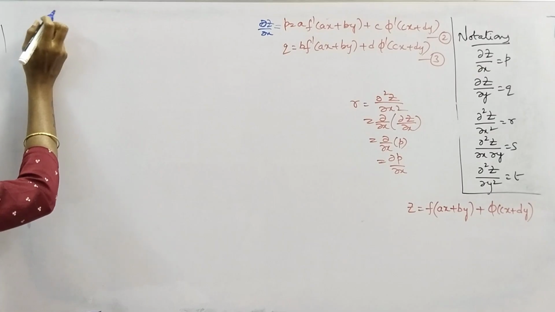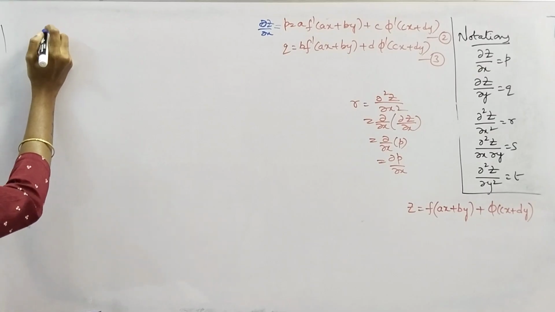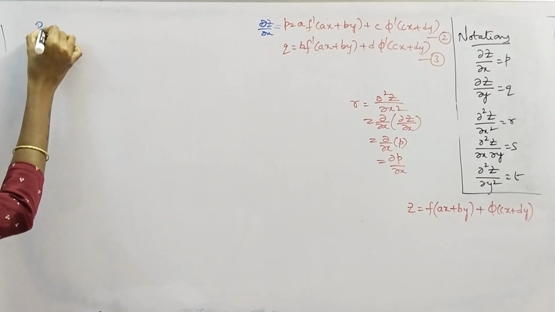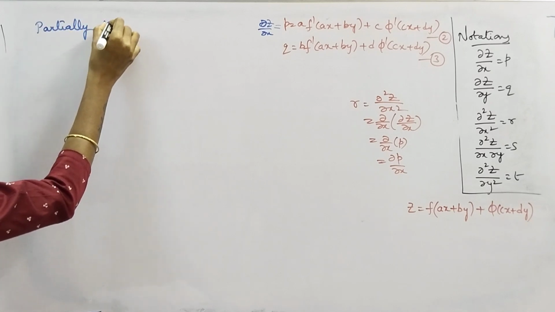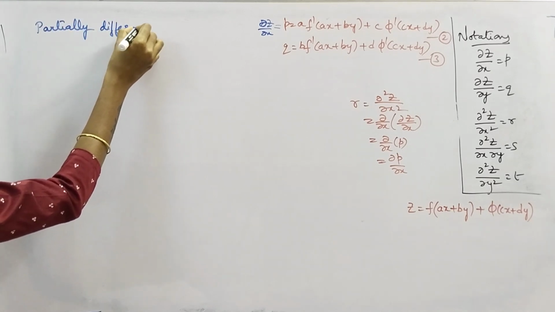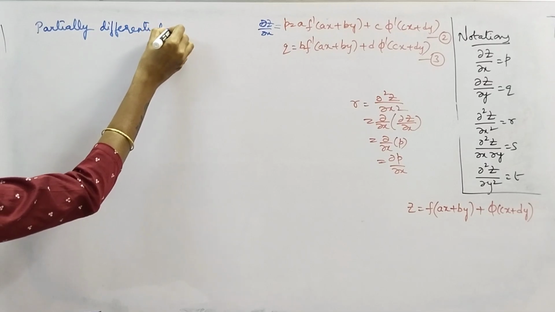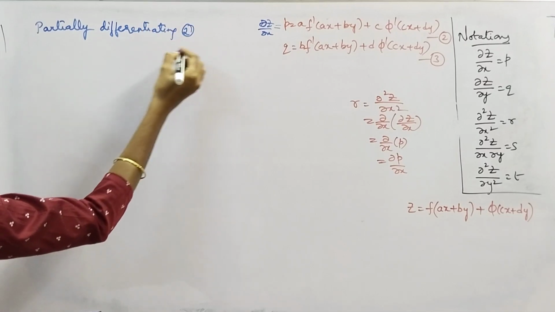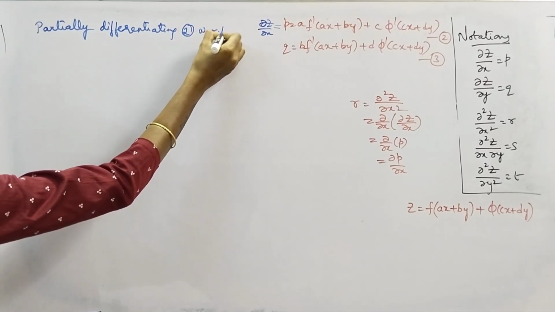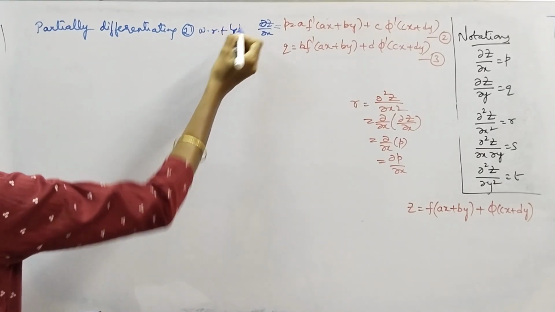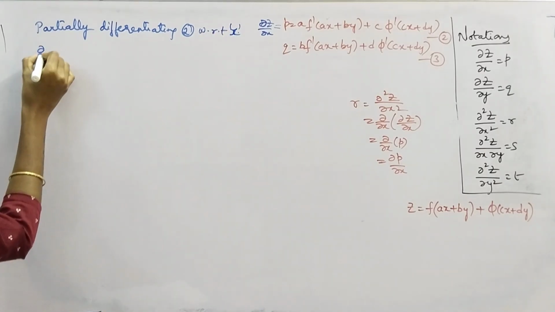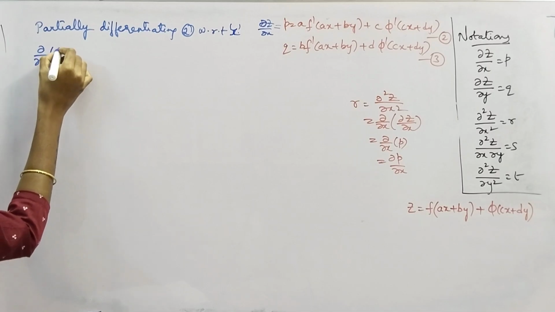Now let's partially differentiate 2 with respect to x. Partially differentiating 2 with respect to x. Just apply dou by dou x on both sides of 2.